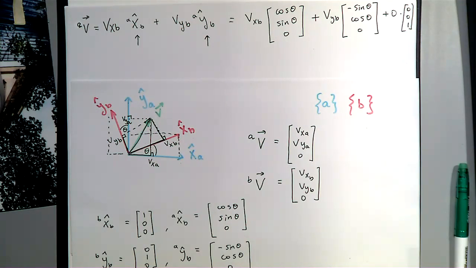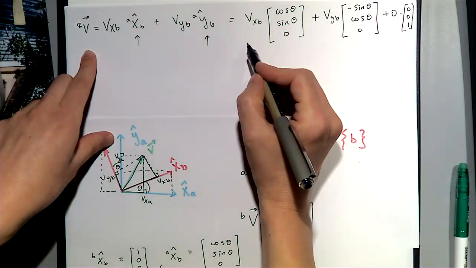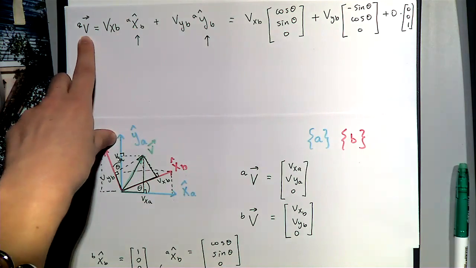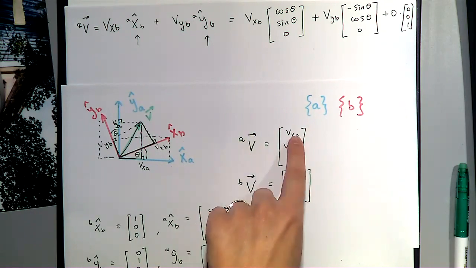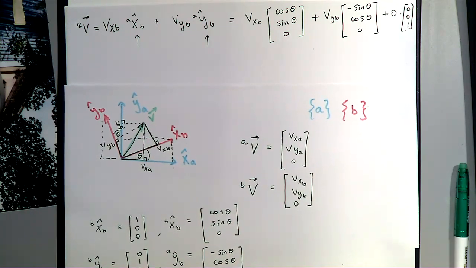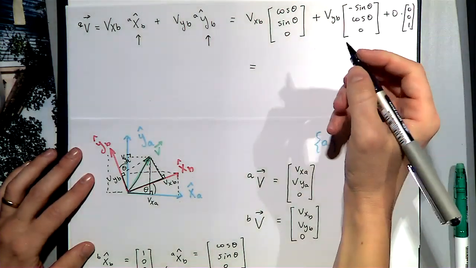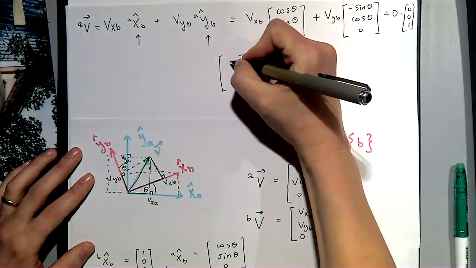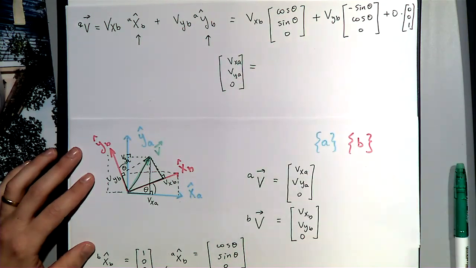Okay. What I'm going to do now is to equate this right-hand side to the representation of V in frame A, the original one, this one. It's equal to Vxa, Vya, and 0. Okay, so I'm going to write it as equal to Vxa, Vya, 0.